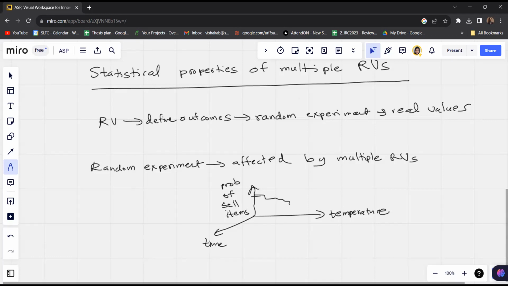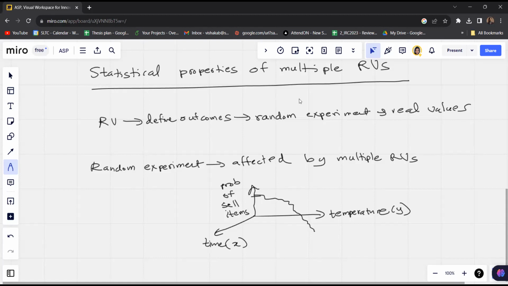So if we have the function of selling the item, then we can find the probability of an item getting sold during a certain time duration and when there's a certain temperature range, right? This is one of the examples where we have multiple random variables.